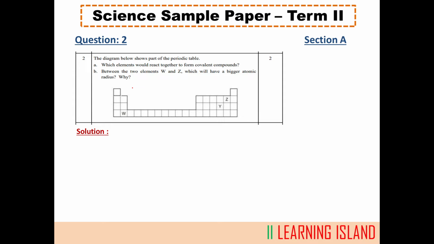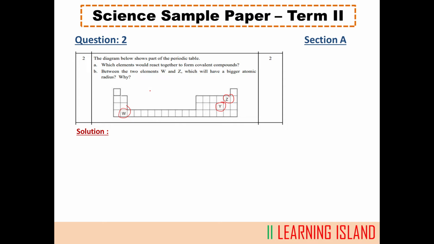Now you see here W, Z, Y. I will ask you to remember at least the first 20 elements, which will be very helpful to give all the answers coming from these chapters. So first of all, we have to identify what Z is, what Y is and what W is.